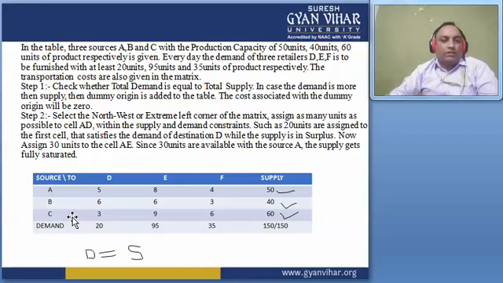Suppose this is one question related to the transportation northwest corner rule method.